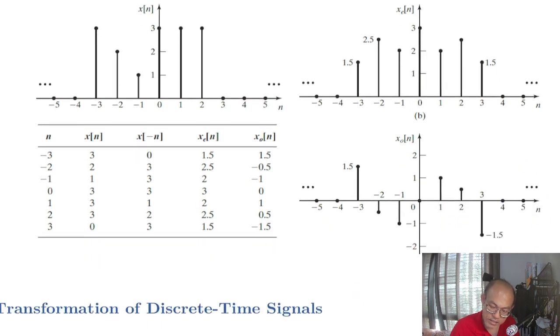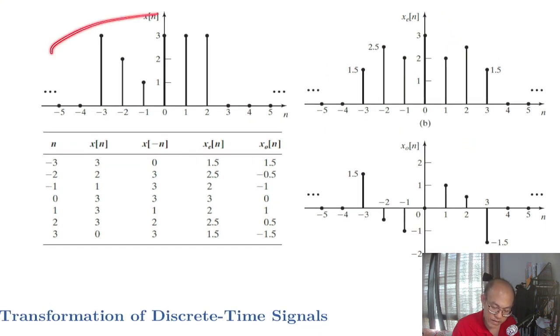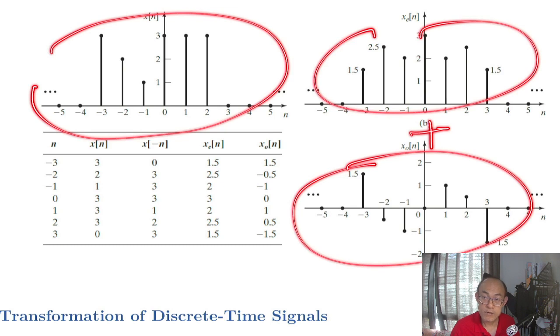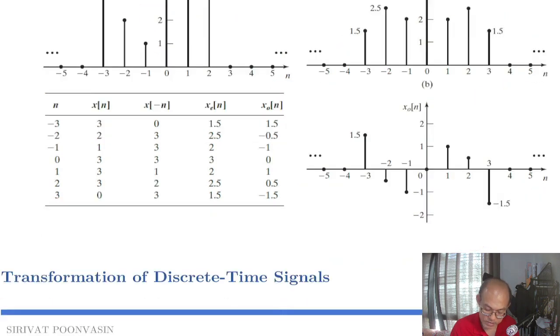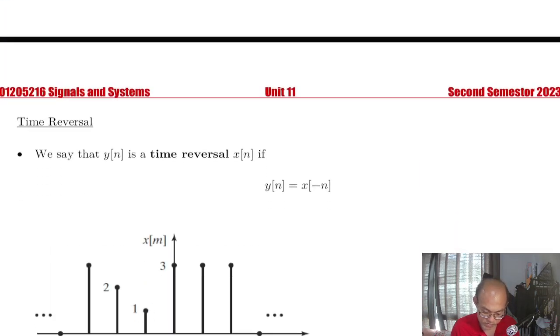And if you add these two together, you're going to get the same signal back. So we say that this is decomposed into this one and this one. One is even and the other one is an odd component. I don't know why this one shifts up.